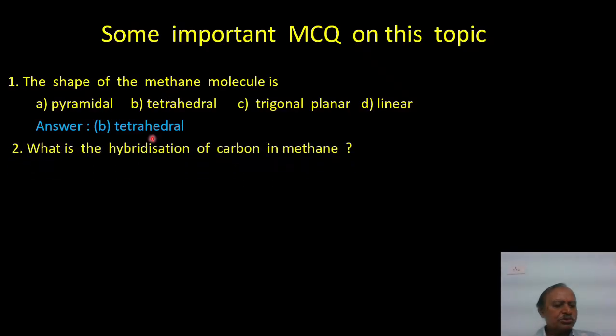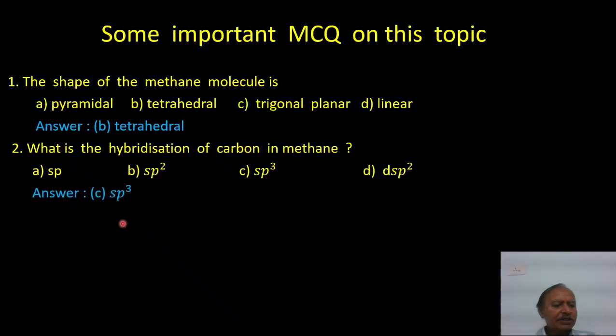Now question number 2. What is the hybridization of carbon in methane? The options are: A sp, B sp2, C sp3, and D sp2. The correct option is C, that is sp3.